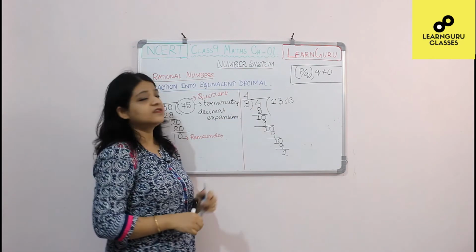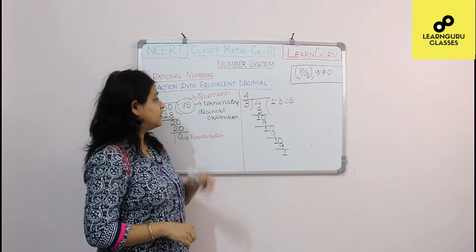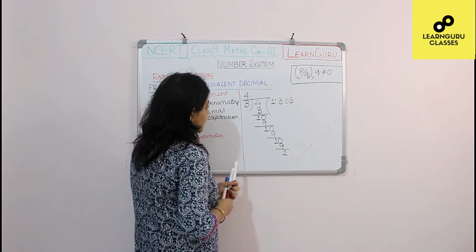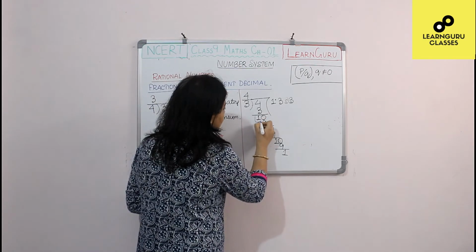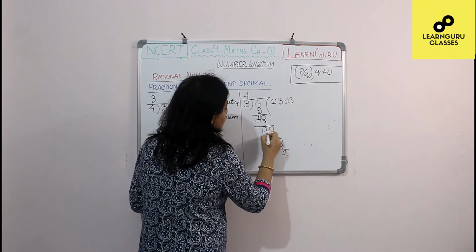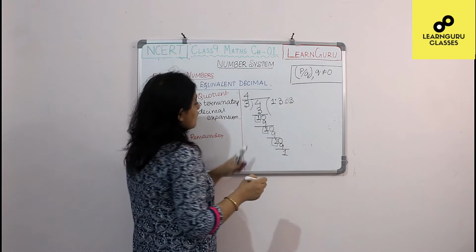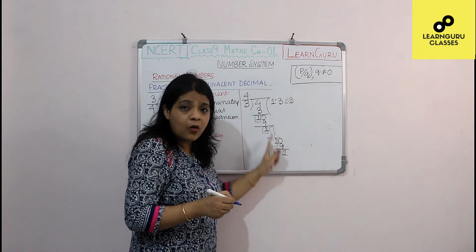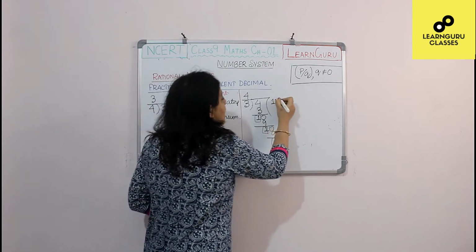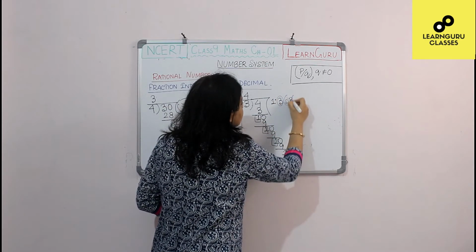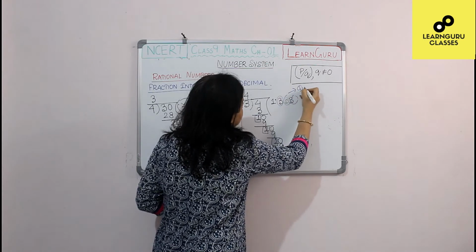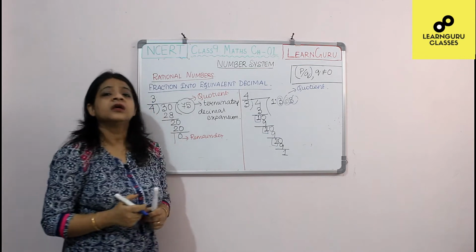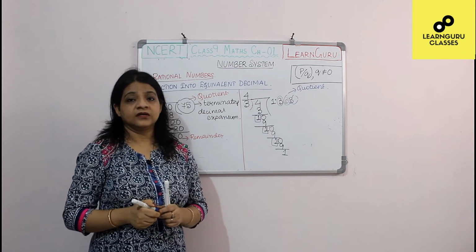Now come to this example, 4 divided by 3. So if you see here, you are getting 1 as remainder, here also 1, here also 1. So as the remainder value 1 is being repeated, this 333, this is called as quotient, isn't it? So the value 333 in the quotient is also being repeated.